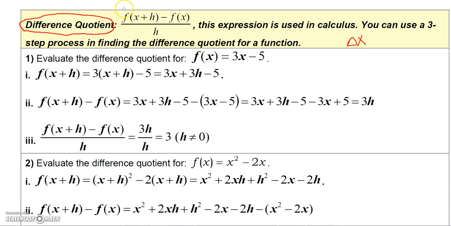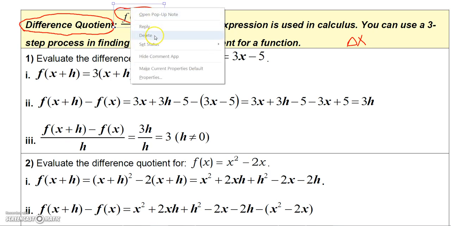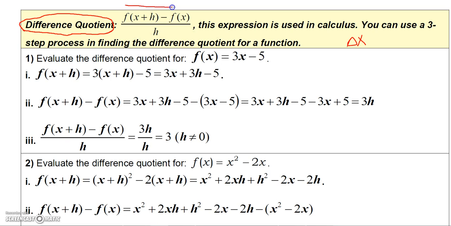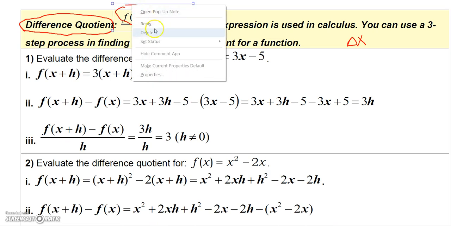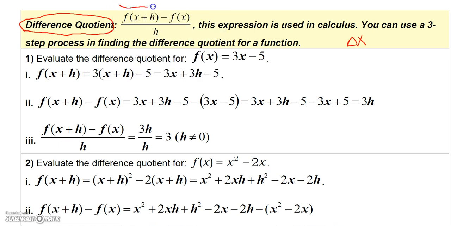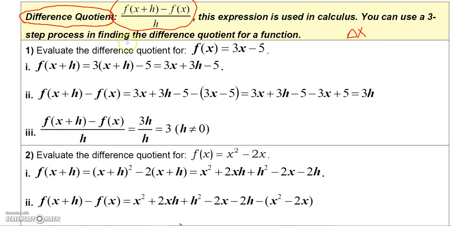In step 1, I calculate this term here, and then in step 2, I calculate the difference, which would be this numerator, and then in step 3, I calculate the entire difference quotient by dividing the result in step 2 by h.